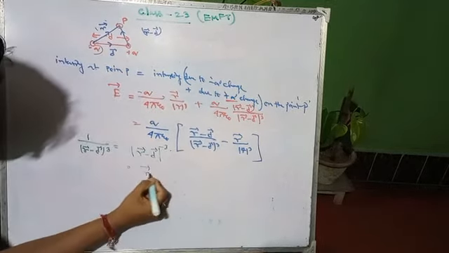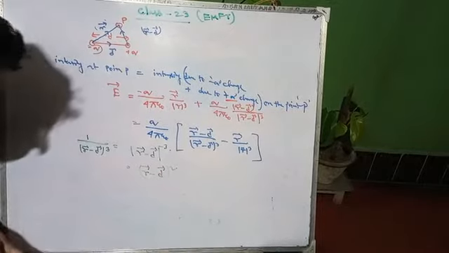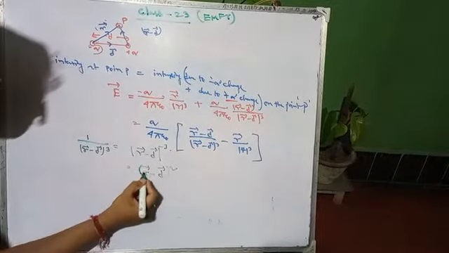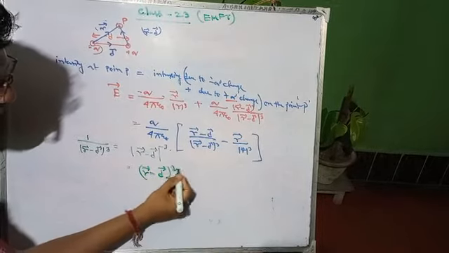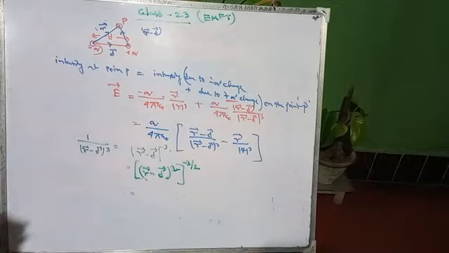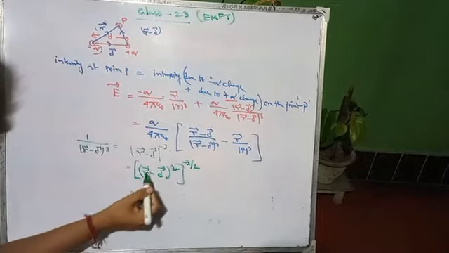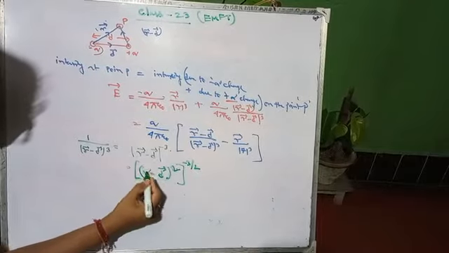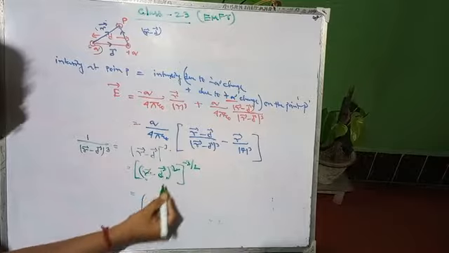Can we write it as r vector minus d vector whole square to the power minus 3 by 2? I am expressing it in terms of your binomial concept. Why are we taking it? Because we have to square up and find the formula. So this is r vector minus d vector whole square.